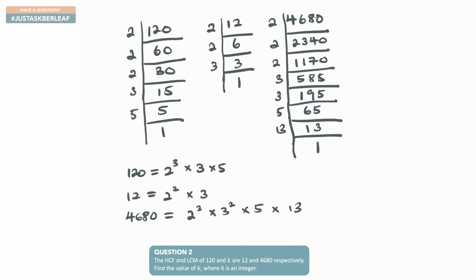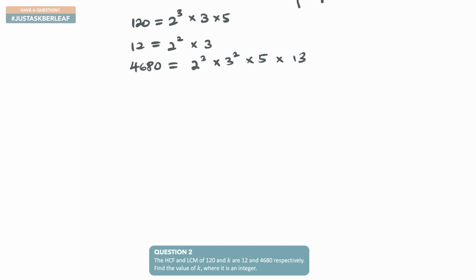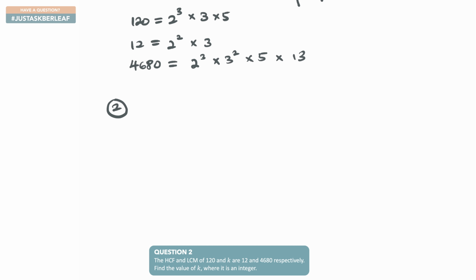So what we have done here is pretty much the same as step 1 that we have done in question 1, which is to express the numbers as the product of their prime factors. The main purpose of this is to enable us to observe the relationship or the requirements that we will need to satisfy in order to solve for the unknown that we are looking for, which is exactly what we're going to do in step number 2.